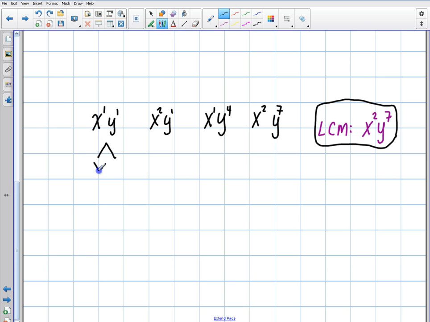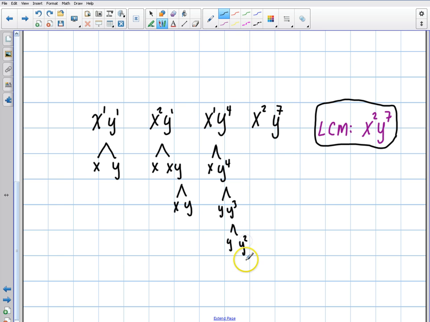Okay, so if I have x and y, if I have x and xy, and then I have x and y, here I have x and y to the 4th, I have y to the 3rd, I have y and y squared, I have y and y.